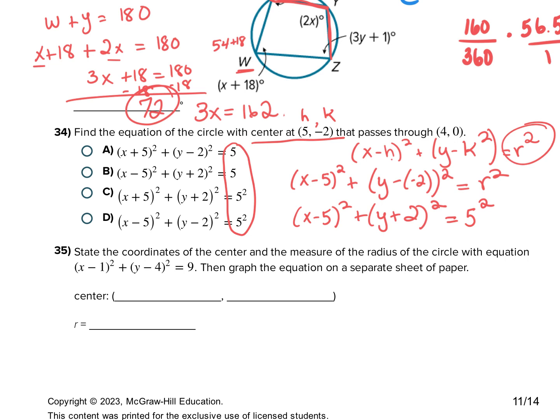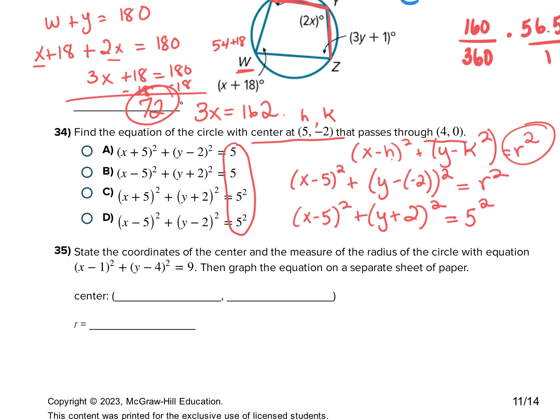The problem is that, and that's a pretty good assumption, but unfortunately it doesn't give us the radius in this case. So what we have to do, it says it passes through the point (4, 0). So what that actually requires us to do is find the distance between those 2 points.